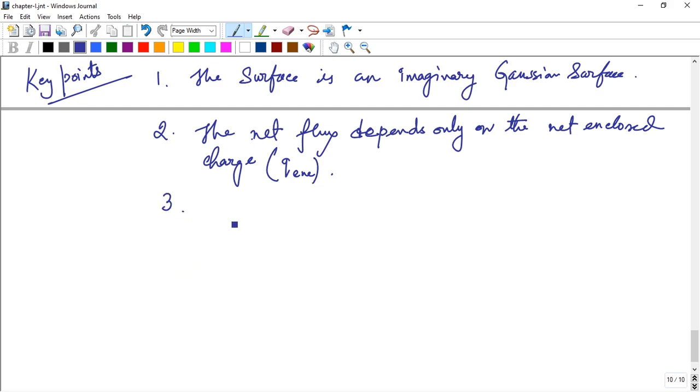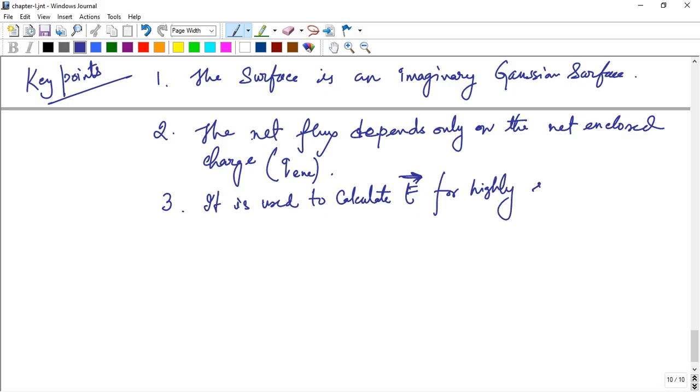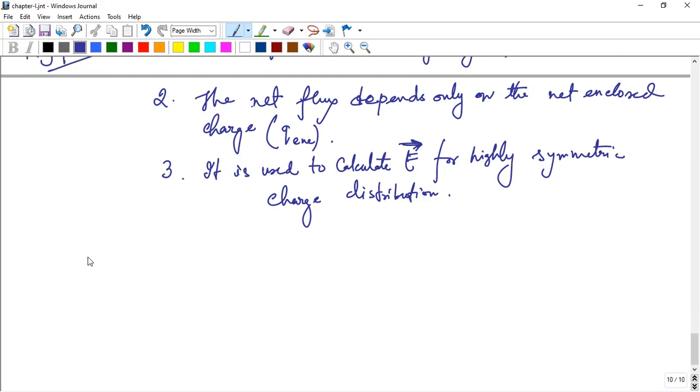Point number 3, a very important key point: it is used to calculate electric field E. So Gauss's law helps to find the electric field for highly symmetric charge distribution. Okay, that's the key point.